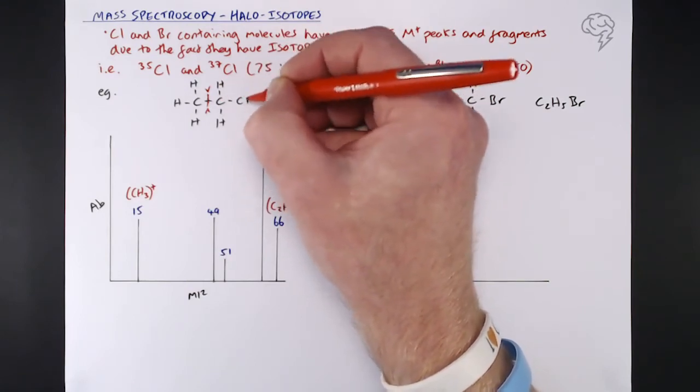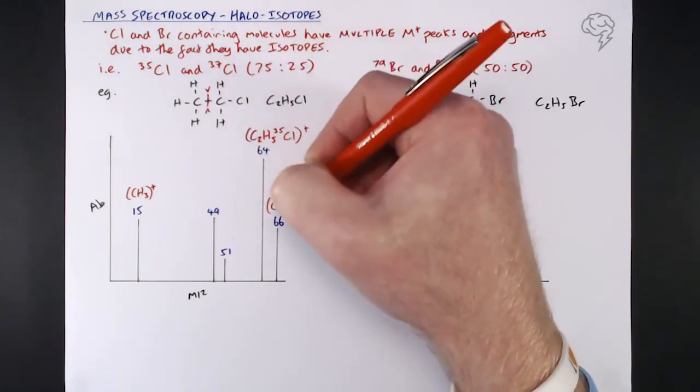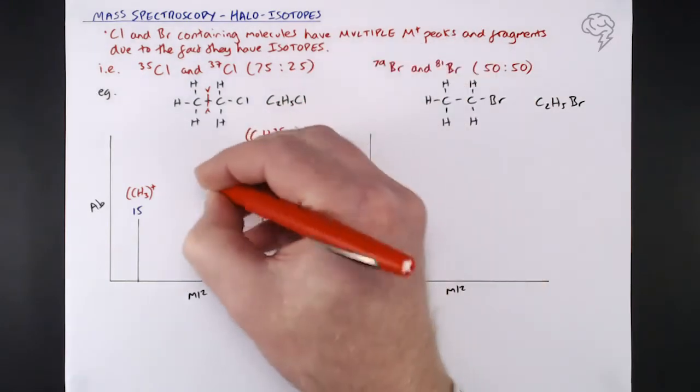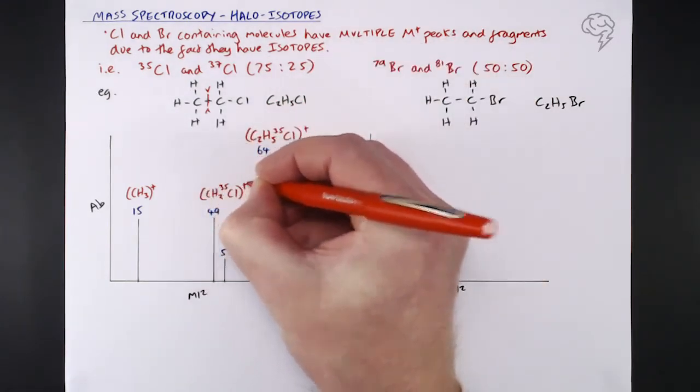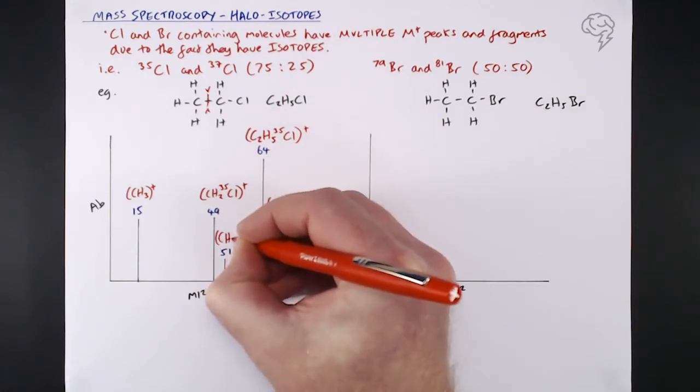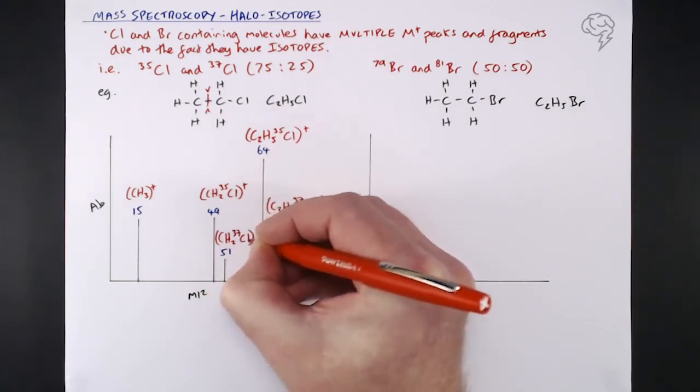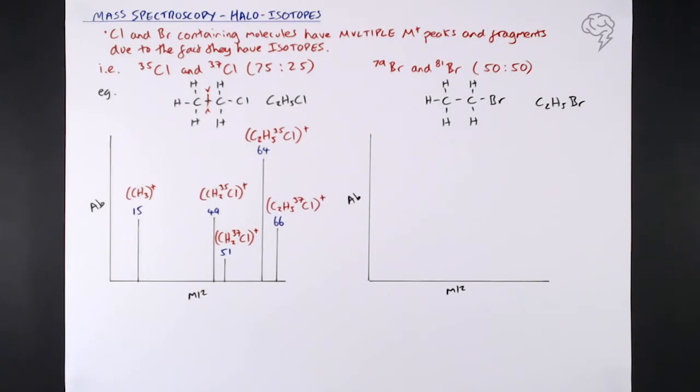Now again, because that Cl's involved, we're going to get two different peaks based on the two different isotopes. So the 49 caused by the CH2 35Cl, the 51 caused by the CH2 37Cl. And again, we're going to get them in the same relative abundances, a 3-to-1 ratio, because that's the ratio between chlorine 35 and chlorine 37.